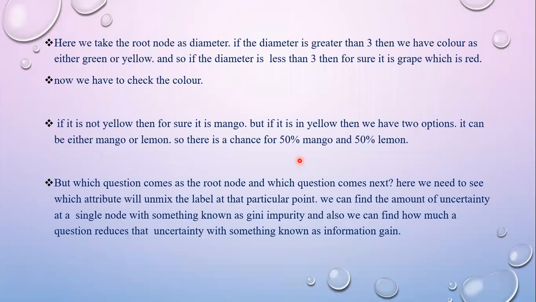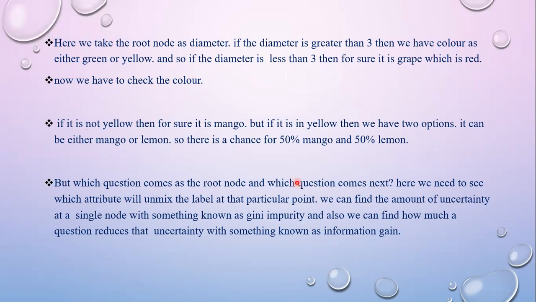So we can take the root node as the diameter. If the diameter is greater than 3, then the color is either green or yellow. If the diameter is less than 3, then it is red. Now we have to check the color. The question arises: which question comes as the root node and which question comes next?